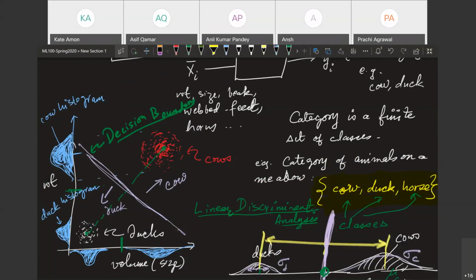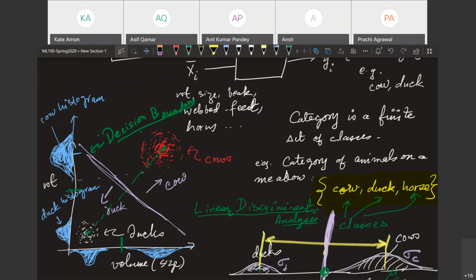So the feature space looks like this picture on the left-hand side. You know that the ducks are light and small, so they occupy the lower region, closer to the origin. All the ducks' data points cluster around and look like a bell curve in one dimension and a bell hill in multiple dimensions.